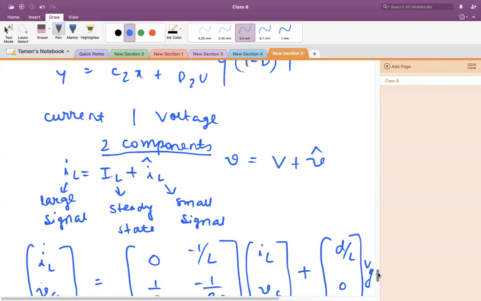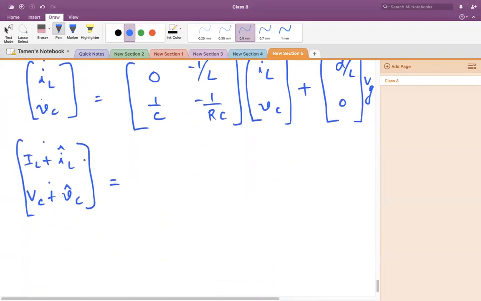So I'll write the A matrix also in this manner: 0, here there is not any variation, so directly I'll write the constant part, minus 1 by L. Here also the constant part 1 by C, here also constant part 1 by RC. Done. We don't have any problem.